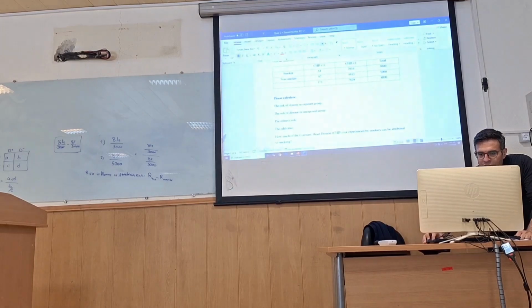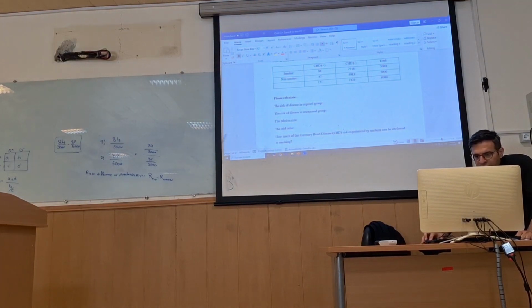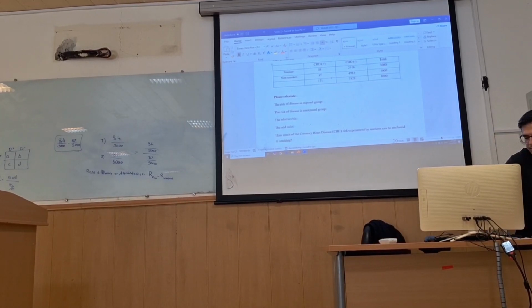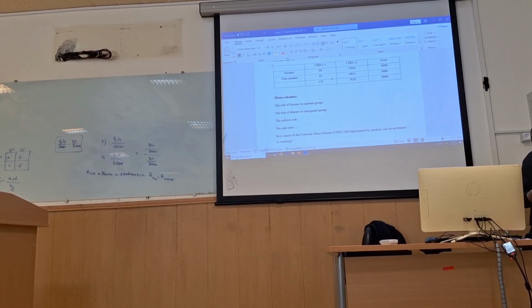How much of the coronary heart disease risk experienced by a smoker can be attributed to smoking, based on this scenario? 49.1%. Please calculate, and after that we will check.